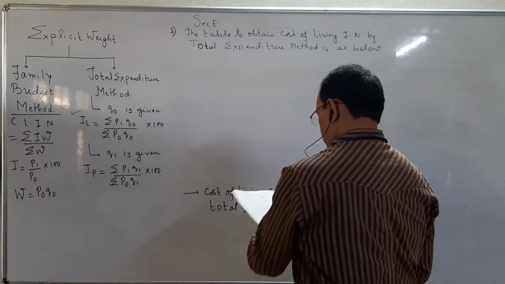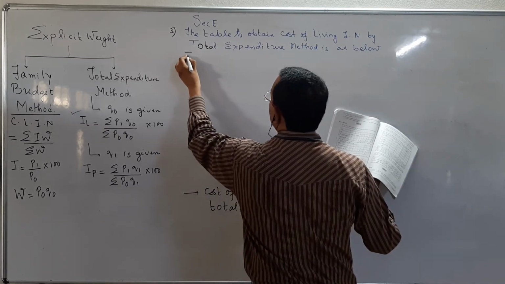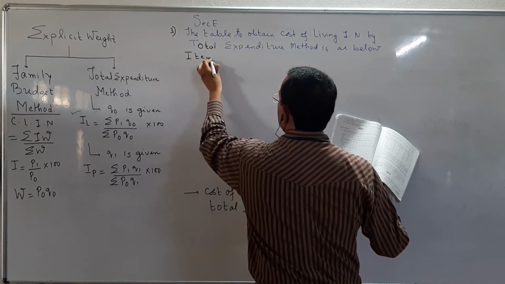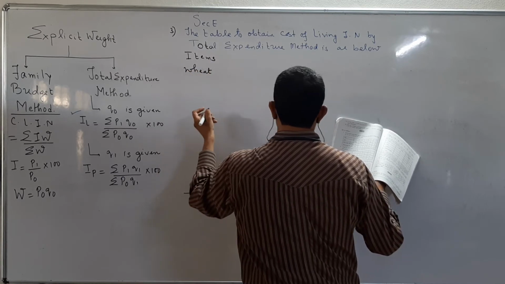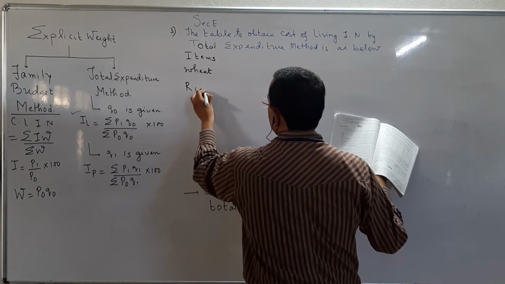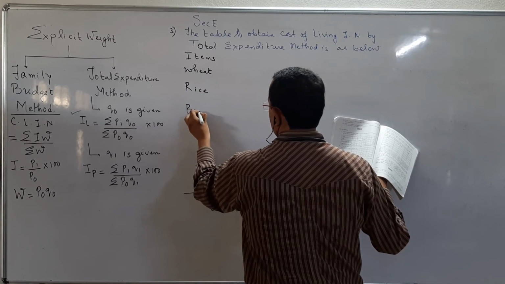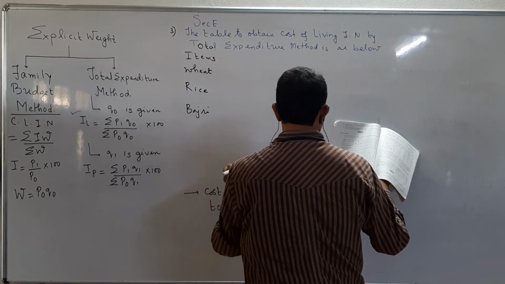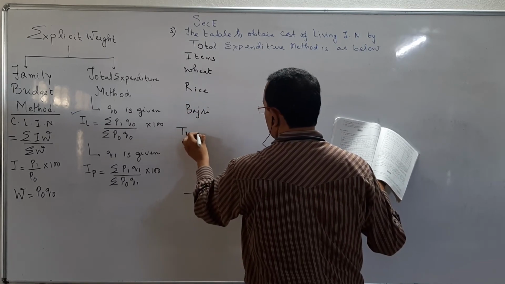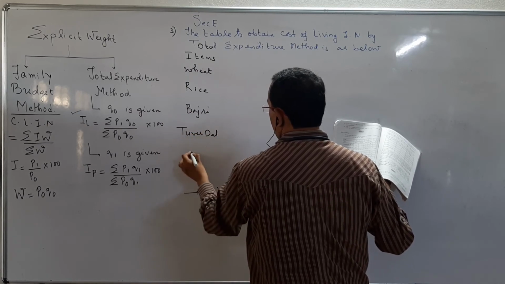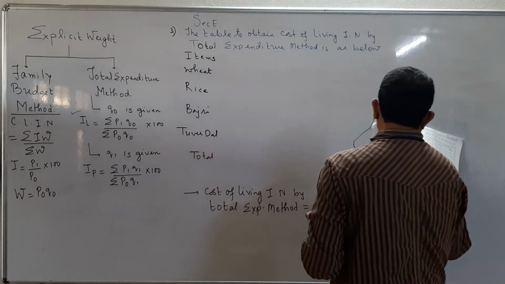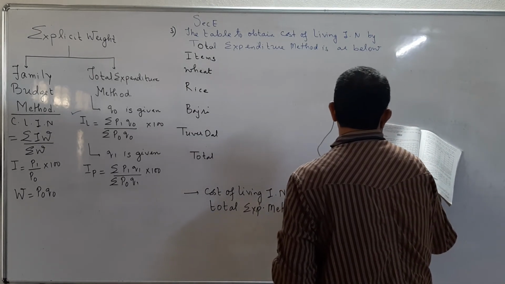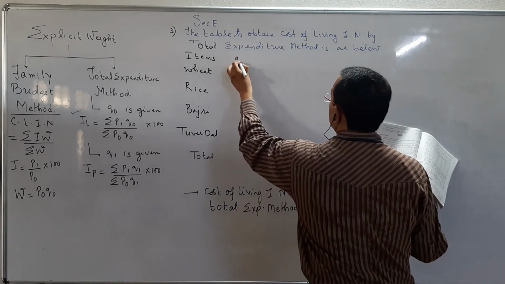Now, the given items are wheat, rice, bajra, and tur dal, and then of course total. Now students, current year's quantity is given, Q1.